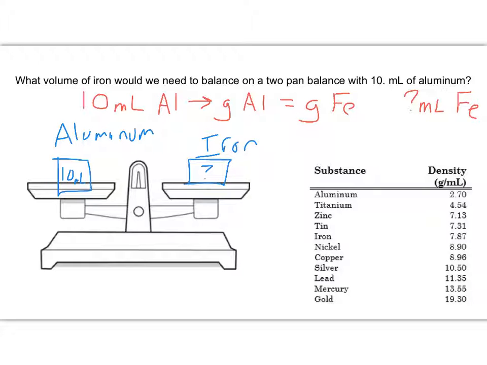And we can take grams of iron and we can convert it into a volume. And the way that we're going to do that is by using the densities that we have. We know the density of aluminum and we know the density of iron. So we'll need both those numbers.